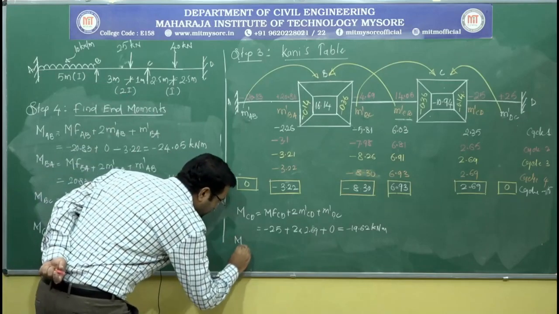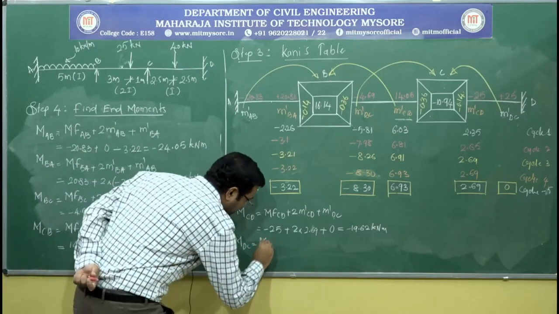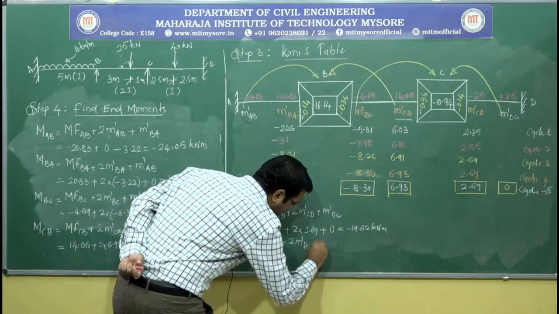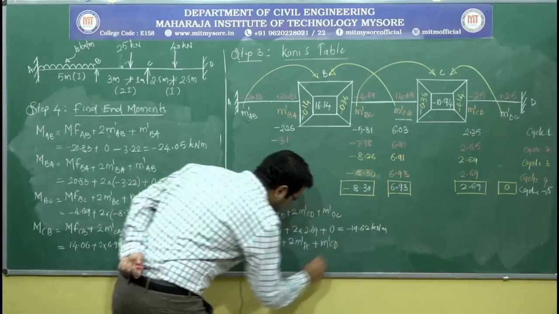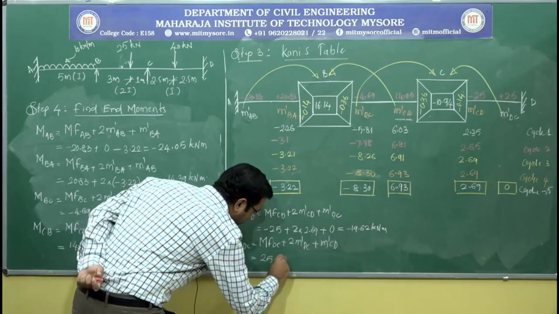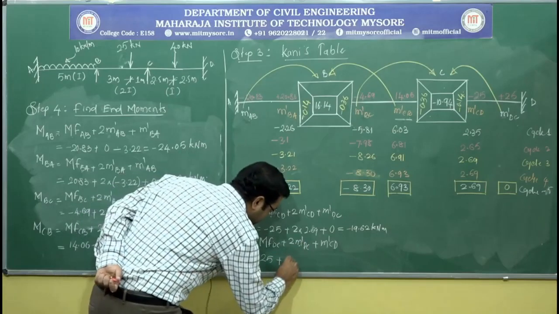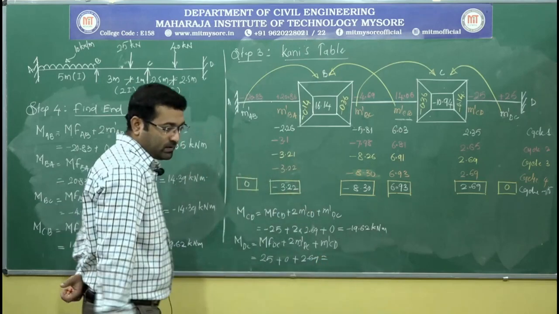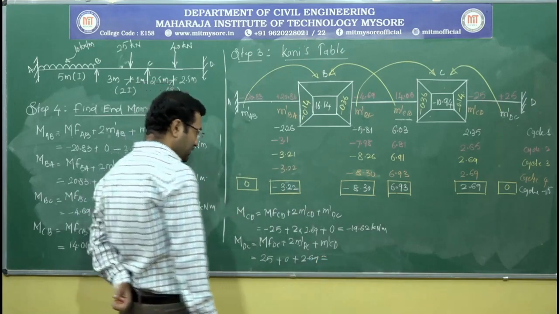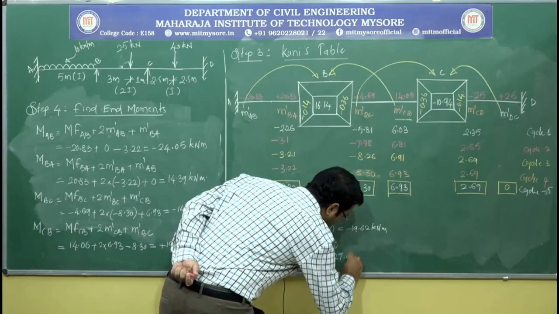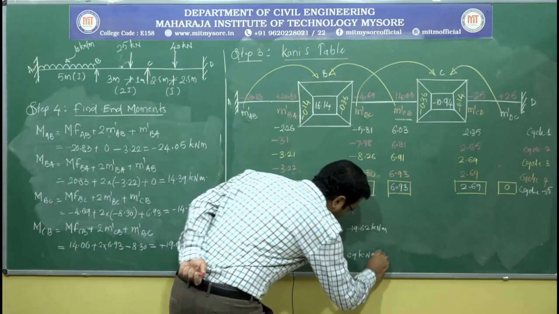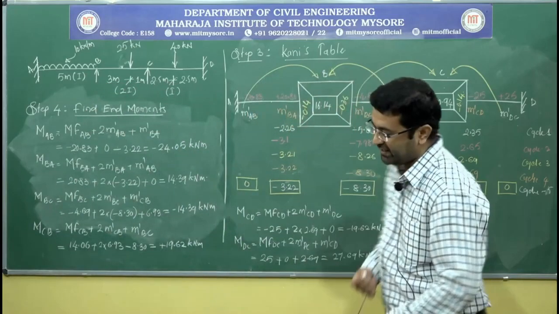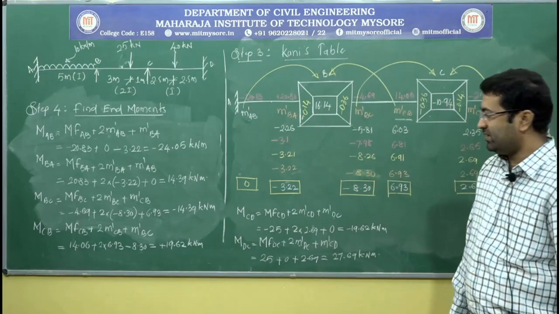And lastly, MDC is equal to MFDC plus 2 times M dash DC plus 1 time M dash CD. So it is plus 25 plus M dash DC, which is 0, plus 2.69. That gives me a value of 27.69 kilonewton meter. So these are the final end moments as per Kani's procedure.